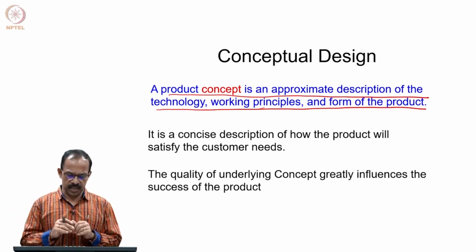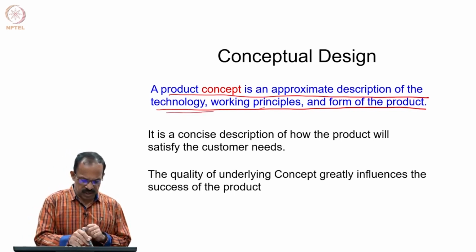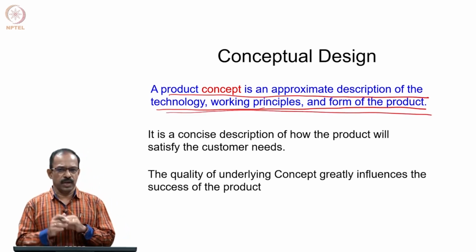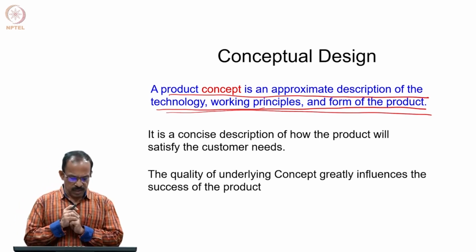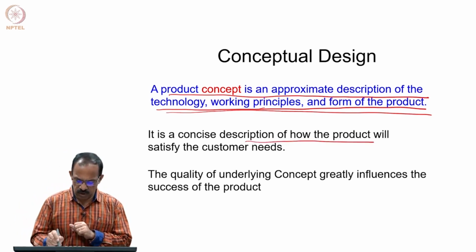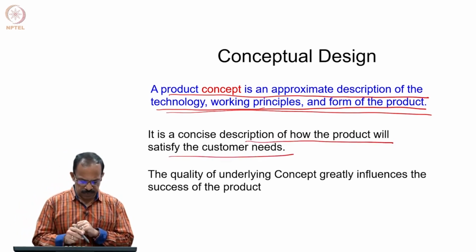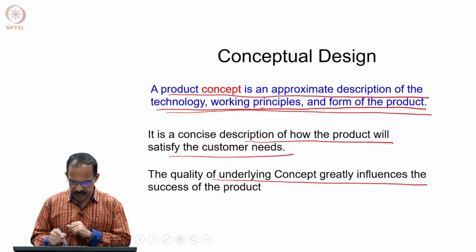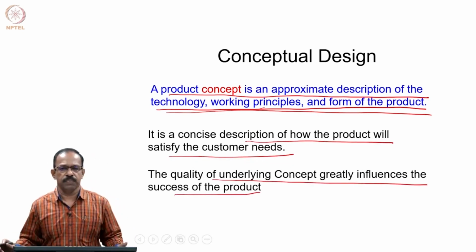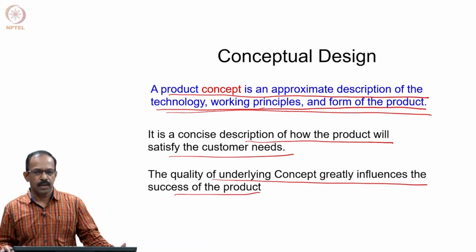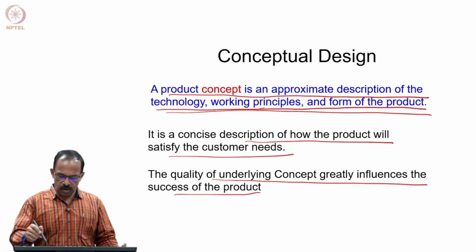That is basically known as the concept of a product or a module, whatever it is. And it is a concise description of how the product will satisfy the customer needs, and the quality of the underlying concept greatly influences the success of the product. Okay, so that is conceptual design.